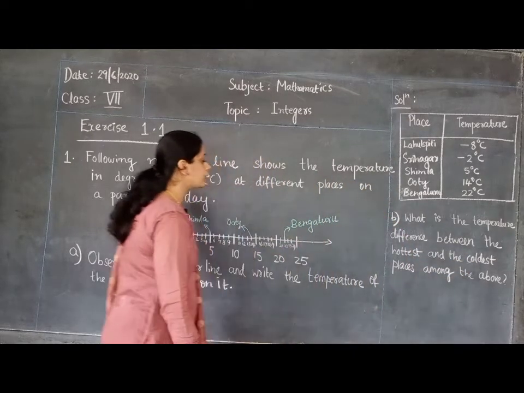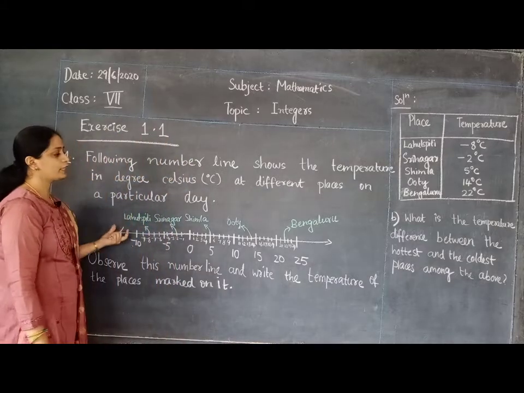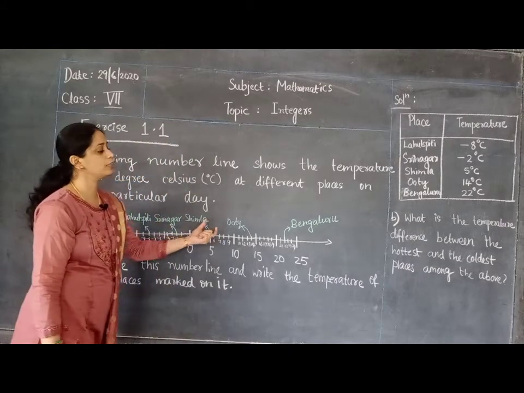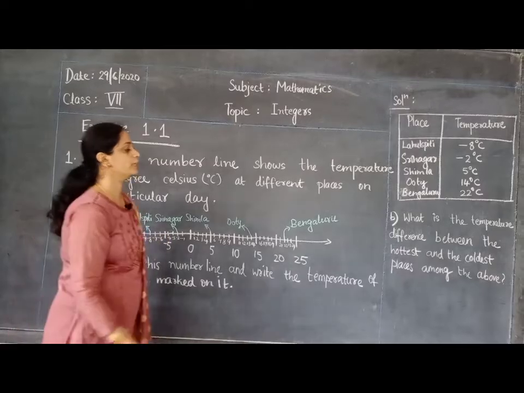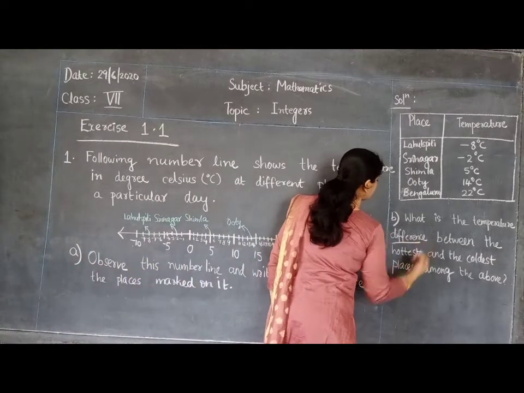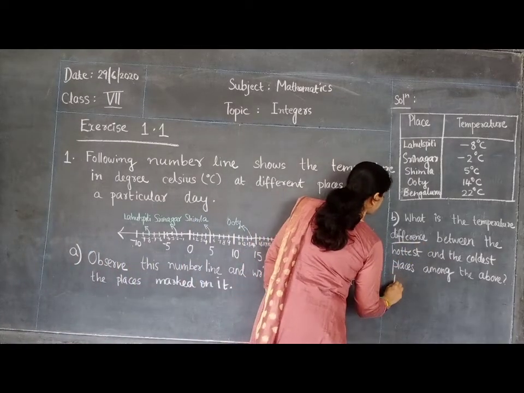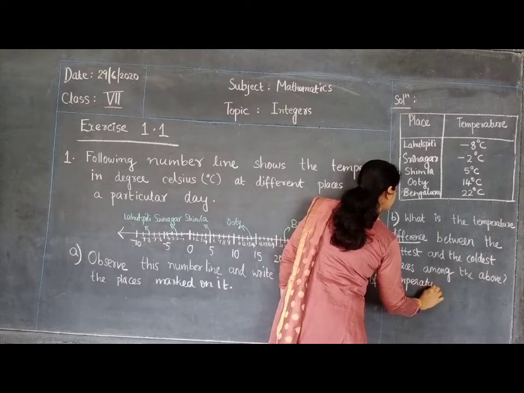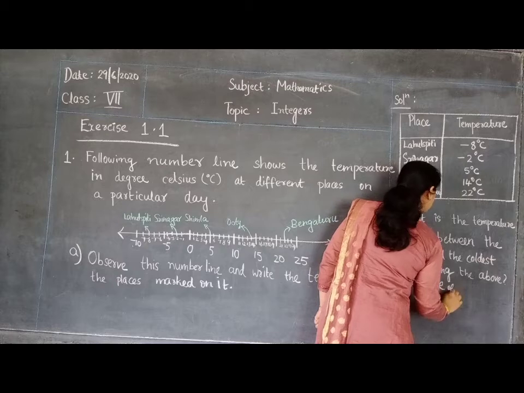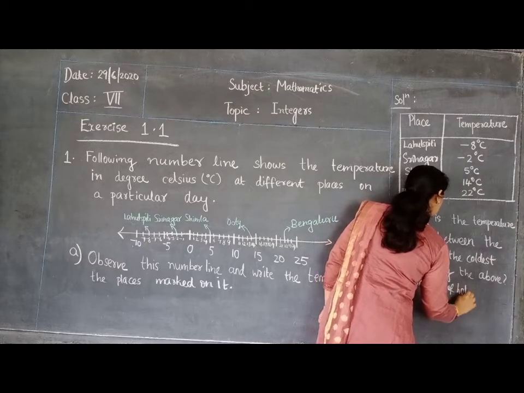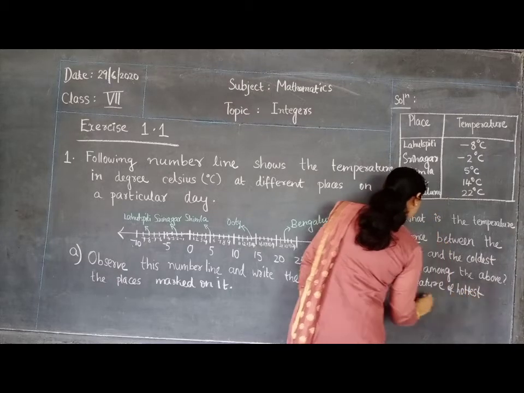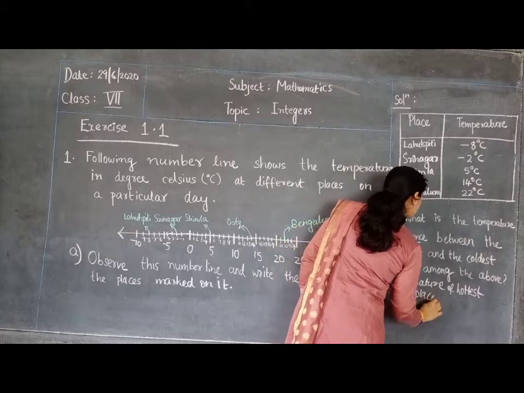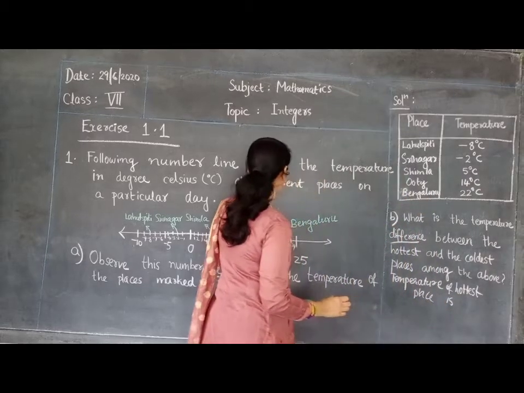So from the number line you have to find out the hottest place and the coldest place, and you have to find the difference between them. So temperature of hottest place is how much? 22 degree.